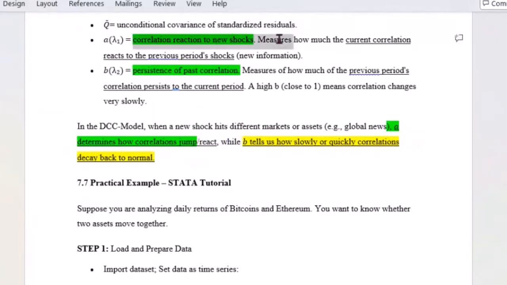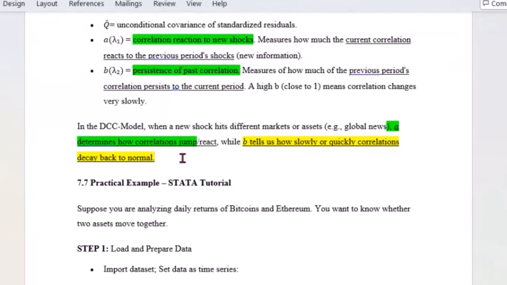That is A, just what we have said here. B tells us how slowly or quickly the correlation decays back to normal. If there is a change in that correlation, how long will it take to die out? What is the persistence of that correlation?